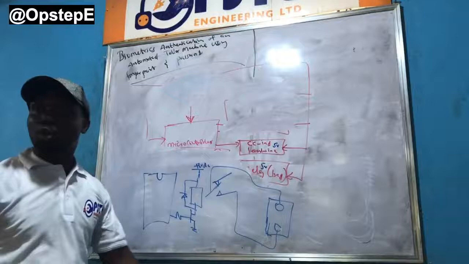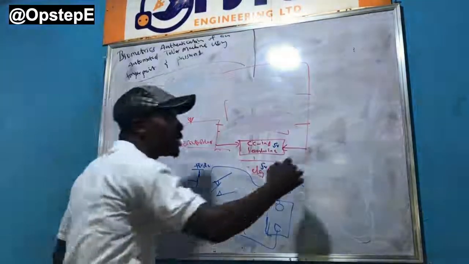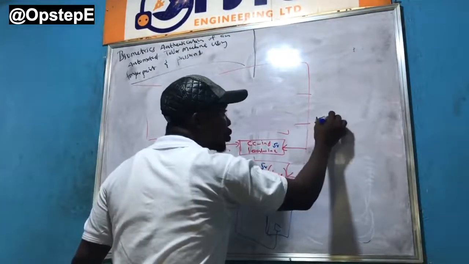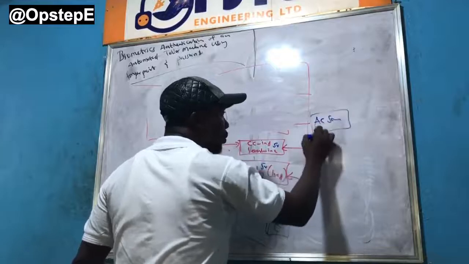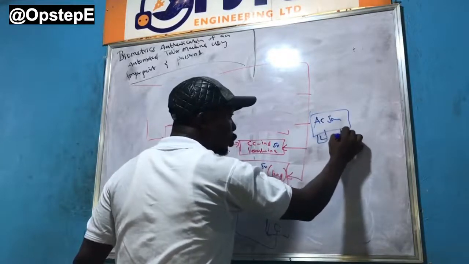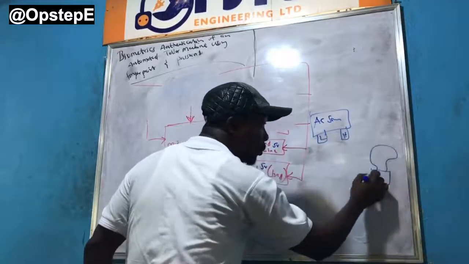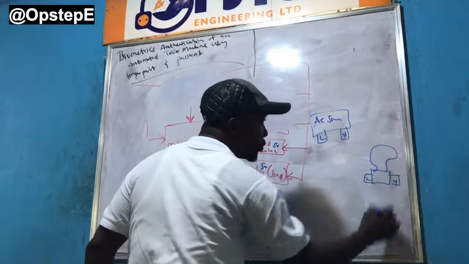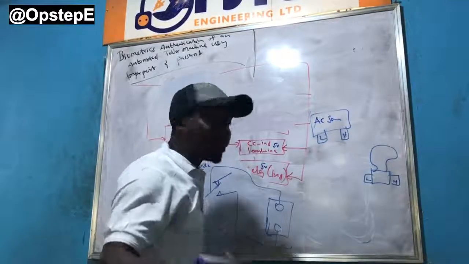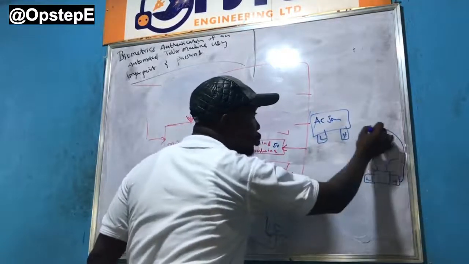If I need it to switch an AC, please look up. It means I'm going to have an AC source, live and neutral. Then I'm going to have an AC load, say a bulb, that requires live and neutral. What I can do is connect the neutrals together.